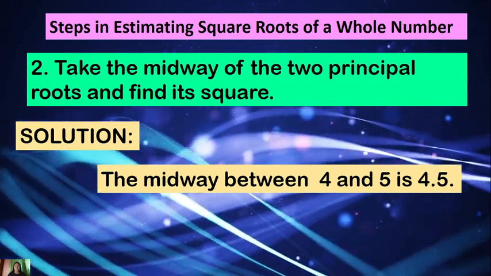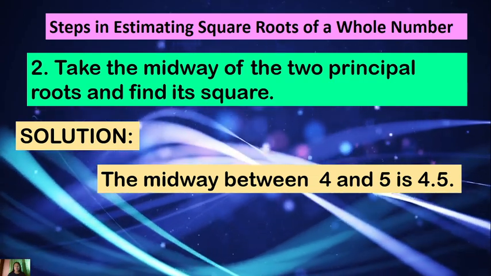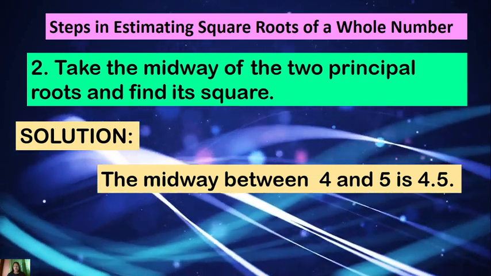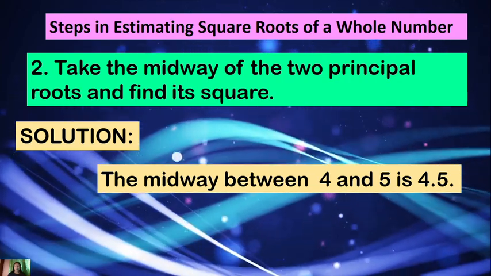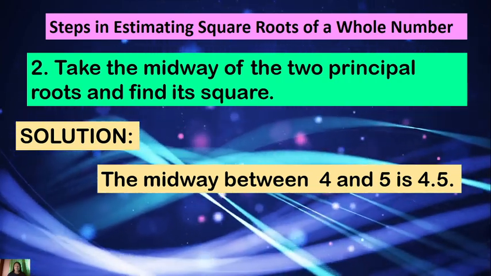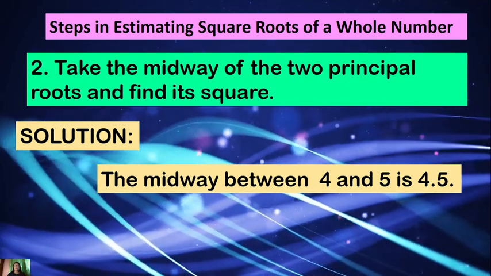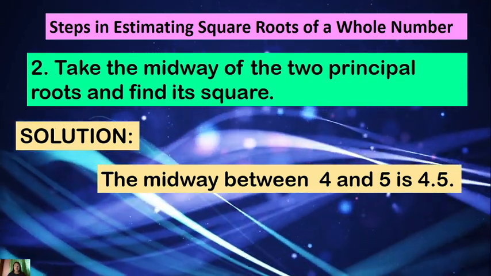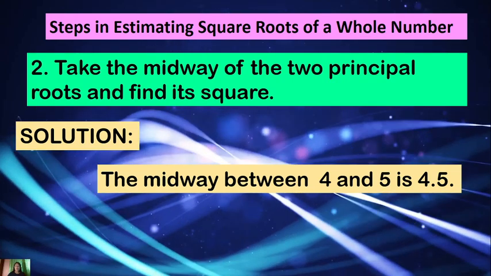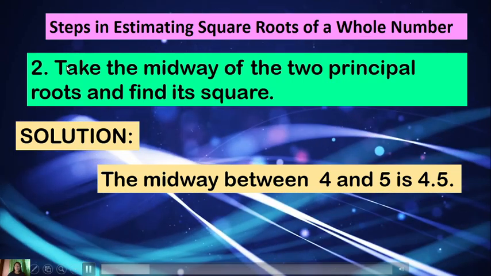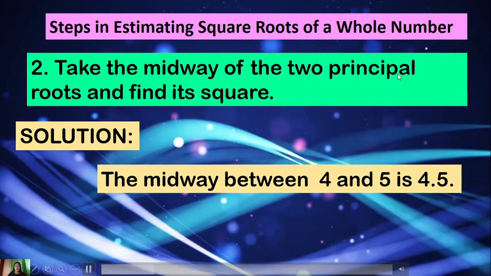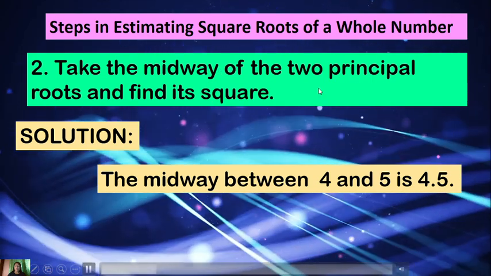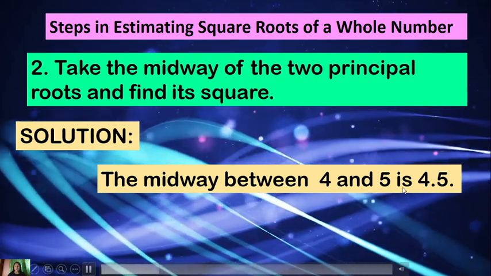Okay? And the midway is 4.5. How did we get 4.5? That is taken from 4 plus 5 divided by 2. So if we take the midway, you are going to add the two principal roots and then divide by 2, and it gives 4.5.